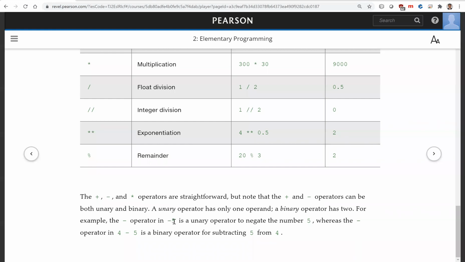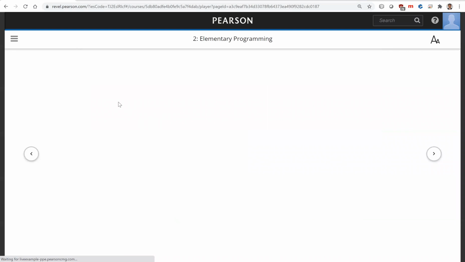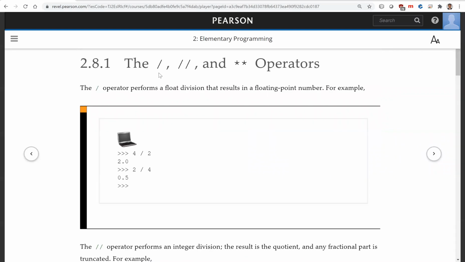So like -5, this is a unary operator. You can also have +5, that's the same as 5, but +5 is a unary operator. Let's look at the float division, integer division, and exponent operators.